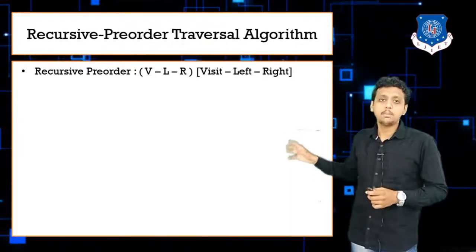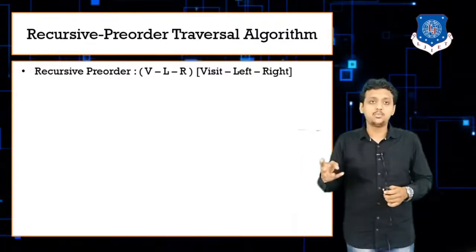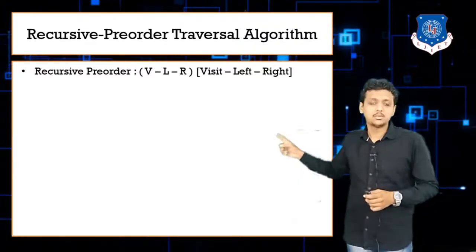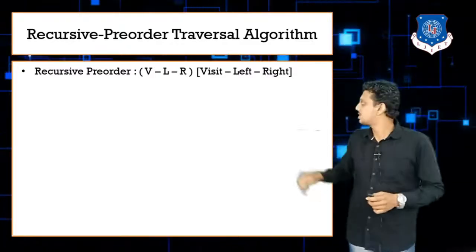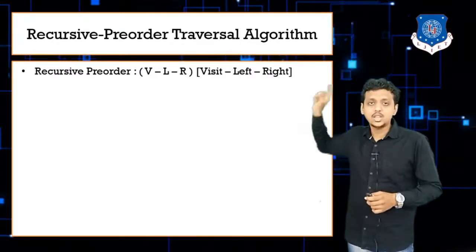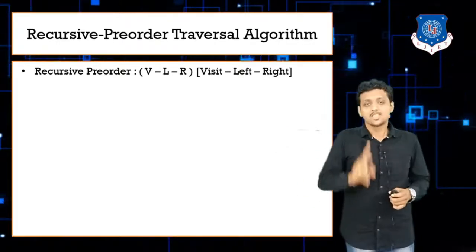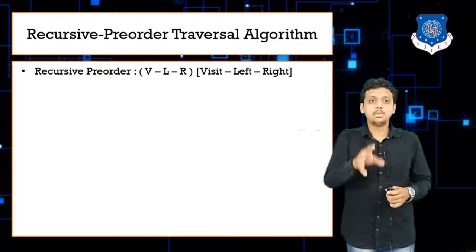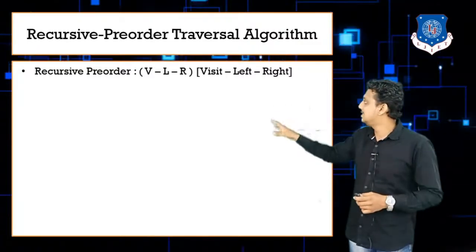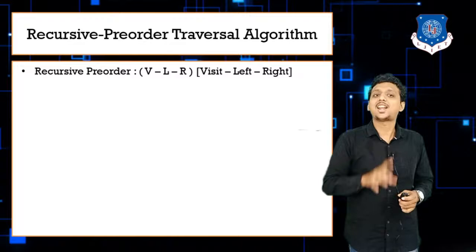So according to the manner of traversal, we are dividing our traversal algorithms in three parts, and the very first algorithm is pre-order traversal, where we need to first visit the node, then go on the left side and then go on the right side. So here I'm just trying to remind you that pre-order means VLR, that means visit, left and right.